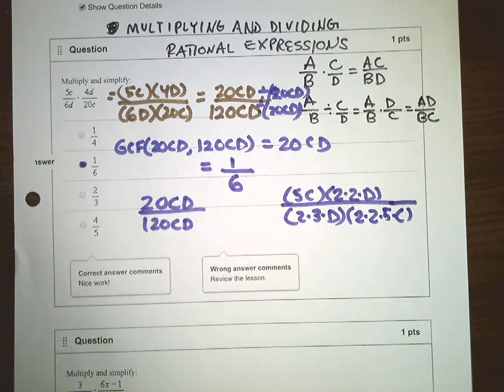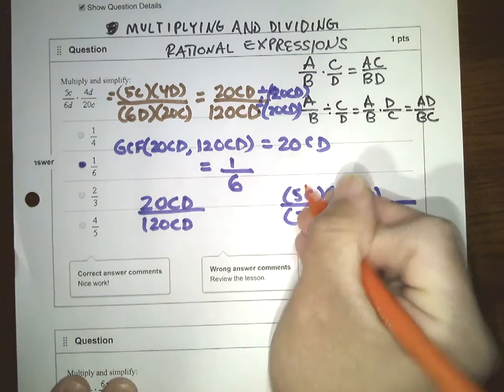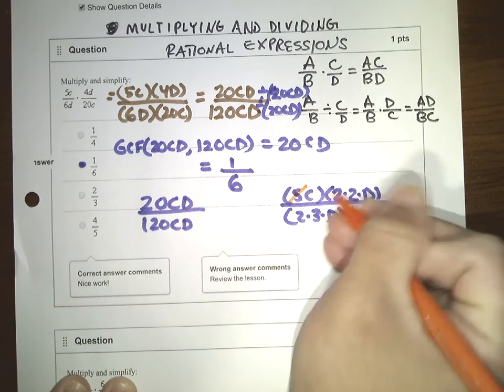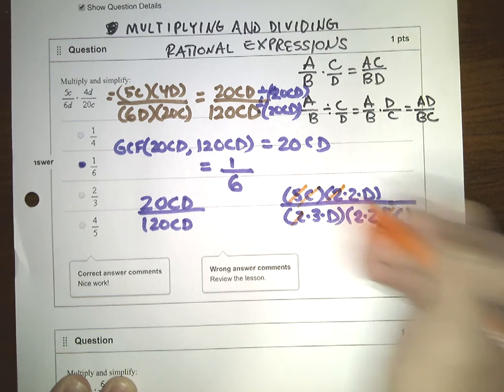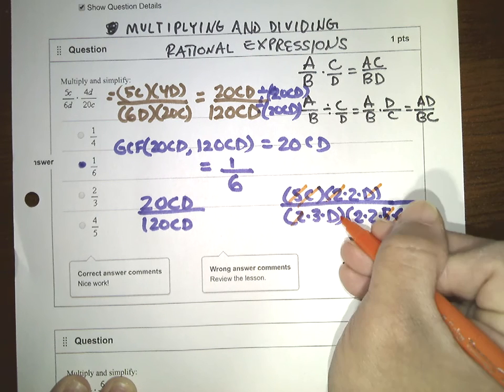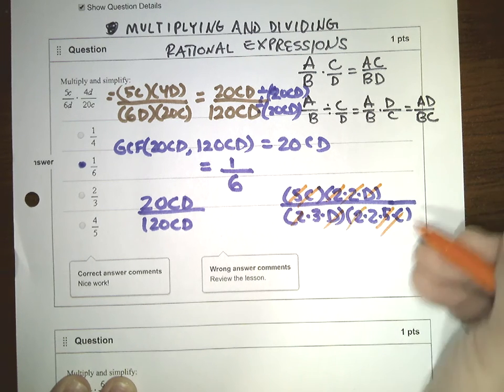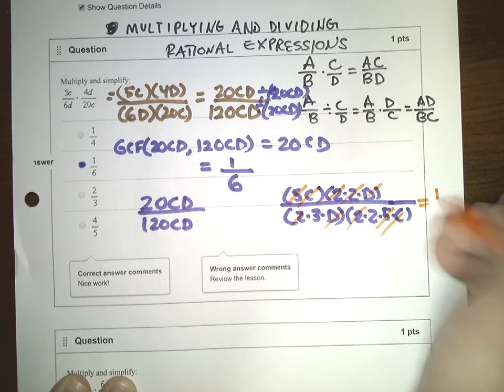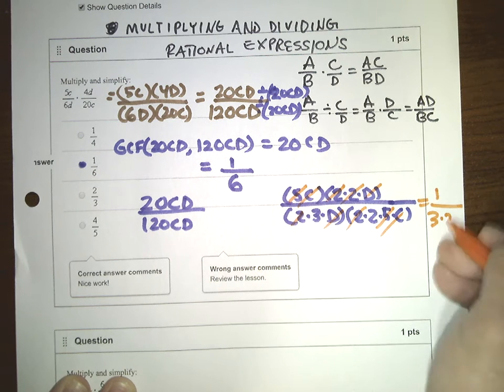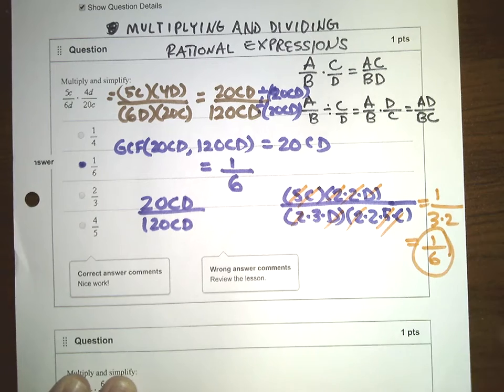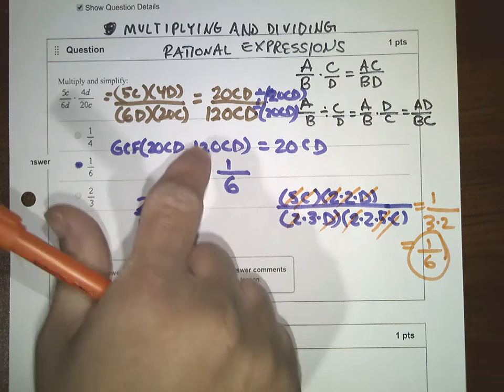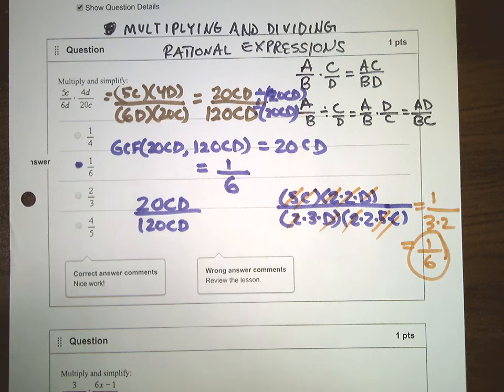Alright, and then cancel out the common factors in the numerator and denominator. So 5 over 5 is 1, 2 over 2 is 1, c over c is 1, d over d is 1, 2 over 2 is 1. So I have 1 over 3 times 2, which is 1 over 6. So I get the same result, but I didn't have to multiply the numbers together and get really large numbers. So it's up to you whichever way you would like to do this.